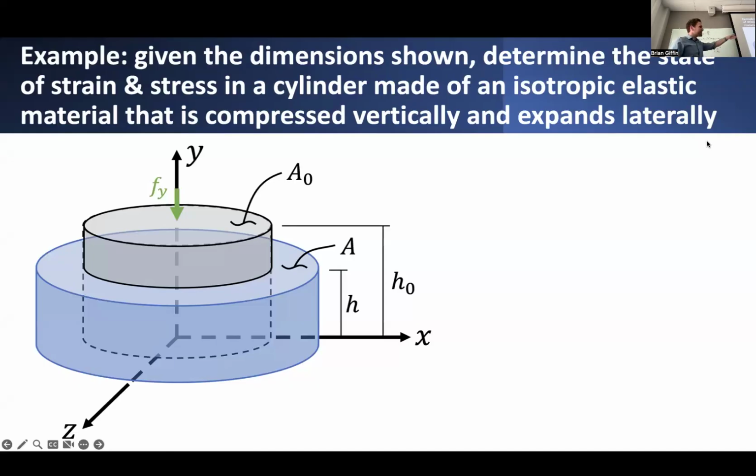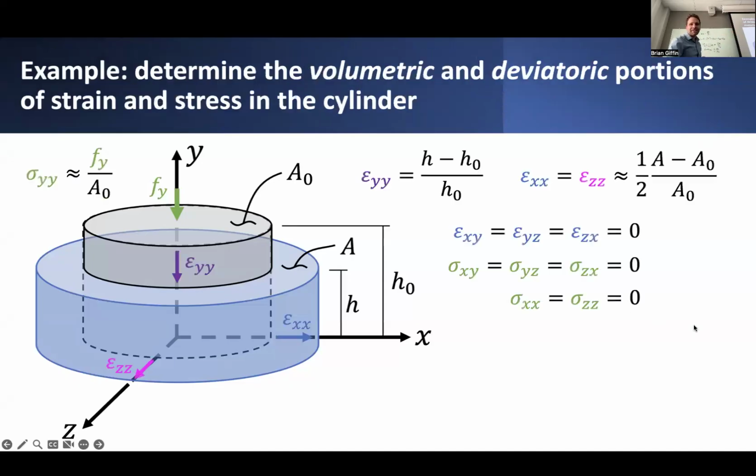So in that case, there's only this uniaxial state of stress, which means I have states of strain and stress that look like this. I have a Y stress, it looks like that. I have these longitudinal strains as I previously derived, and then all the other components of strain and stress are equal to 0. Okay, that's fairly straightforward.